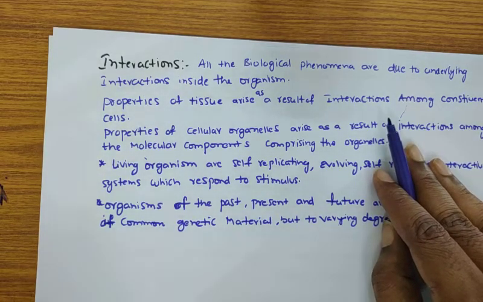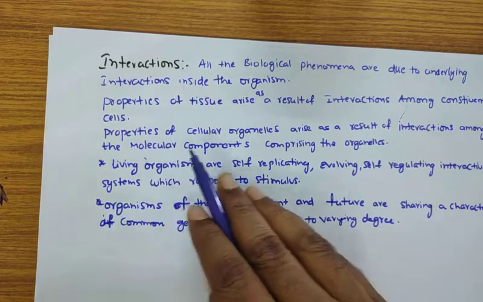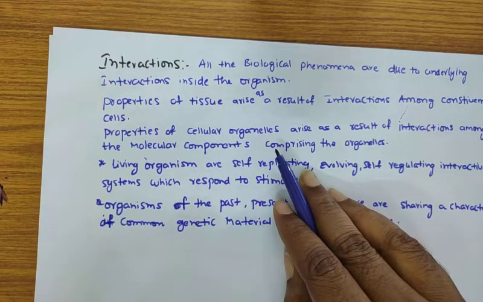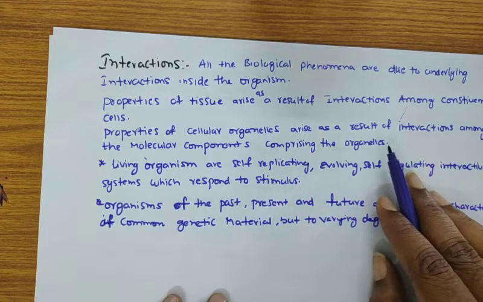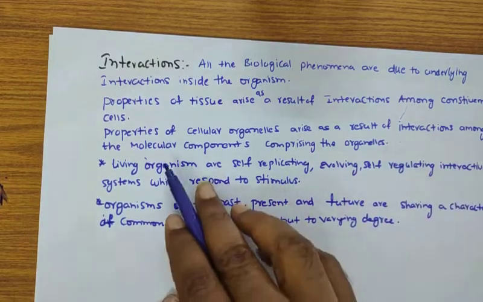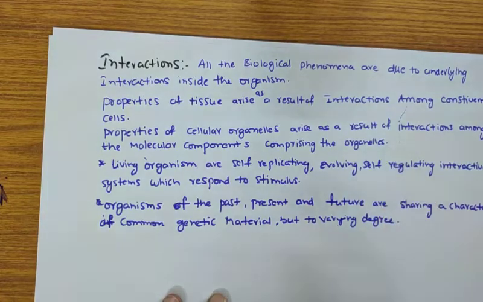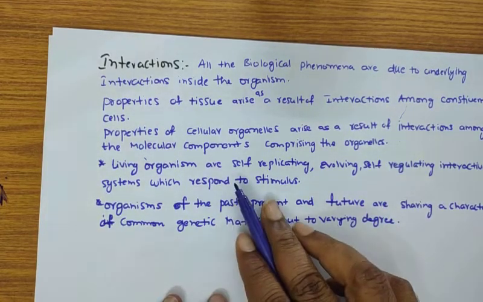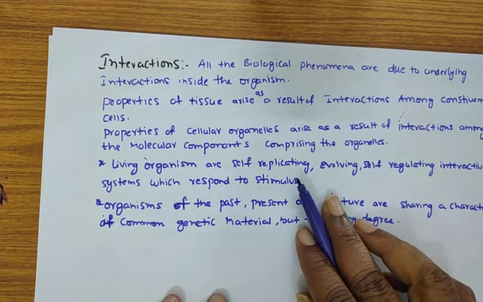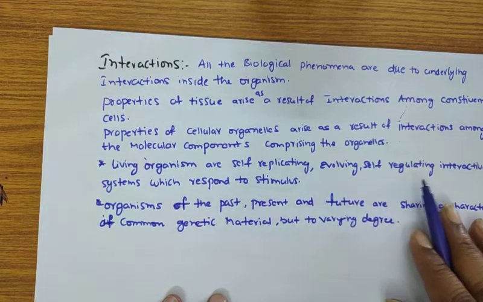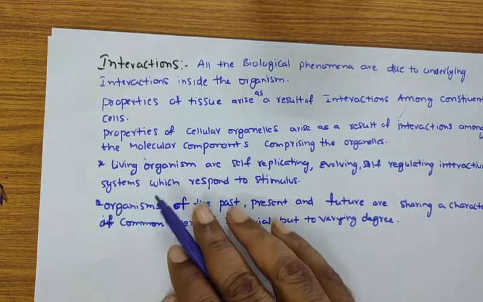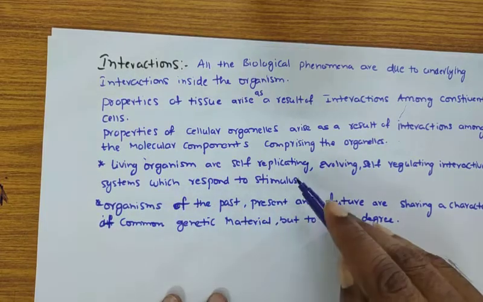Like that, the properties of cellular organelles arise as a result of interactions among the molecular components comprising the organelles. So the living organisms are self-replicating, self-evolving, self-regulating interactive systems which respond to stimuli.